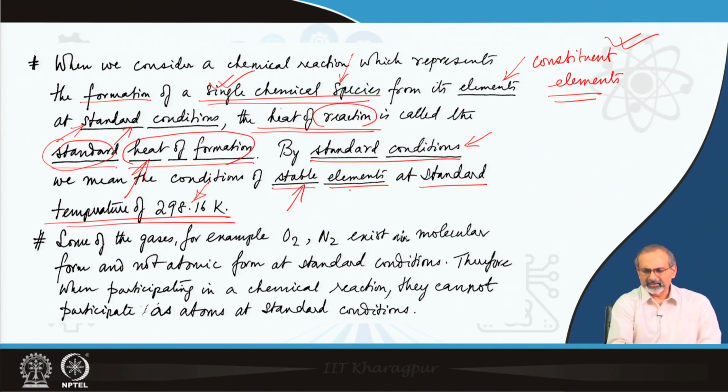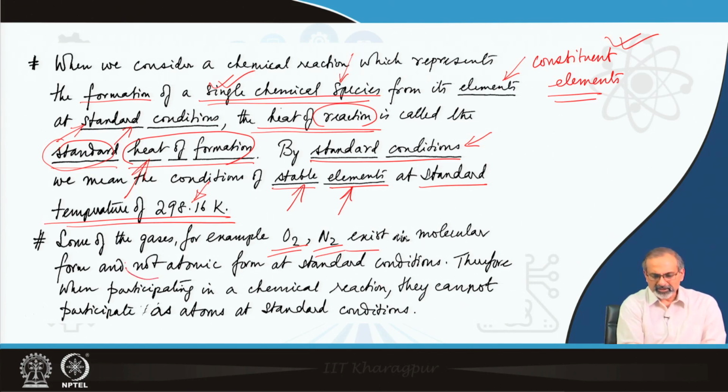When you take the stable form of the elements, you have to keep in mind, for example, at 298.16 Kelvin, if you are considering molecular oxygen or nitrogen, that is what is the form in which oxygen and nitrogen would exist under these standard conditions.